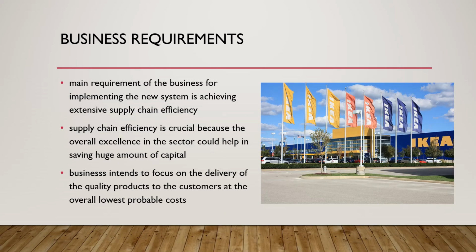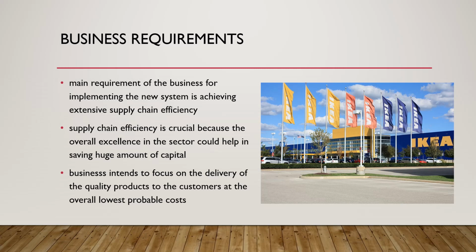In the third slide, we would like to present the business requirements. We have determined that the main requirement of the business for implementing the new system is achieving extensive supply chain efficiency. The business intends to focus on the delivery of quality products to the customers at the overall lowest probable costs.